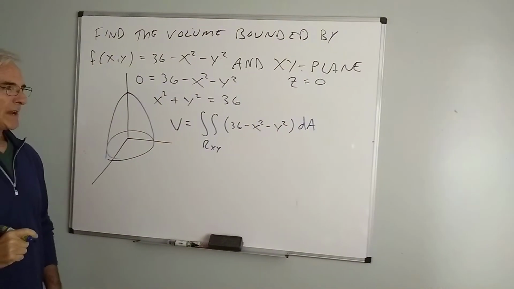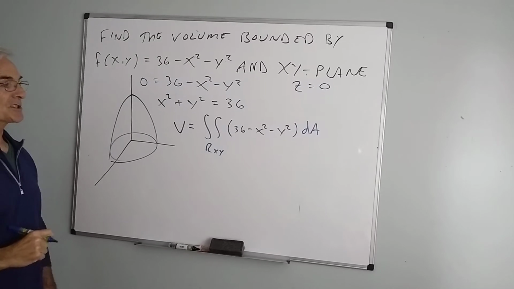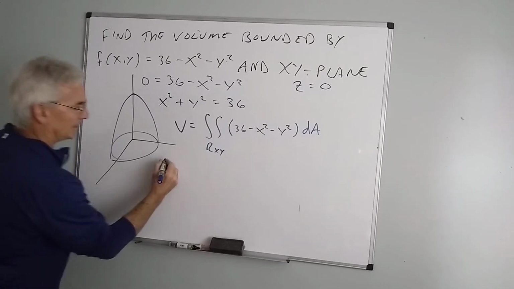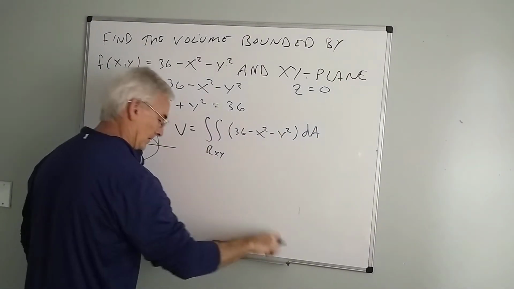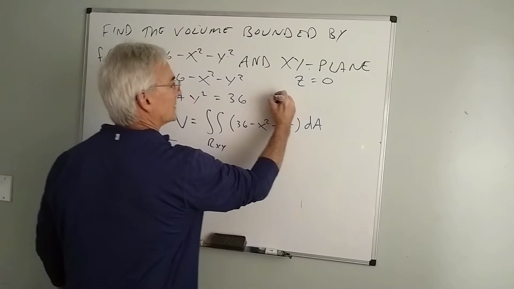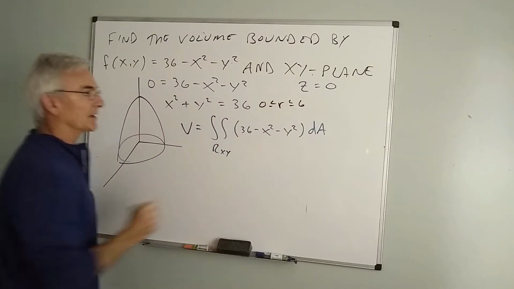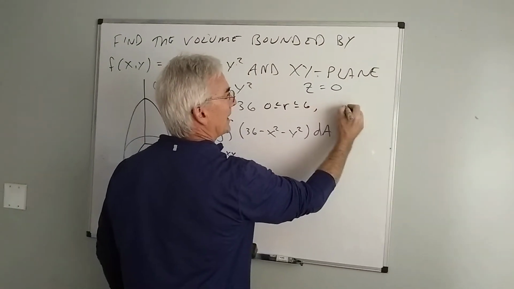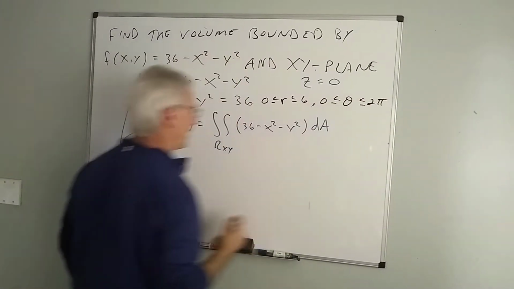But because we know we have a circular region, in general that makes for a very difficult integration. So if I switch this to polar coordinates instead, r is going to range from 0 to 6, because it's a circle of radius 6. I'm going all the way around, so theta will range from 0 to 2 pi.